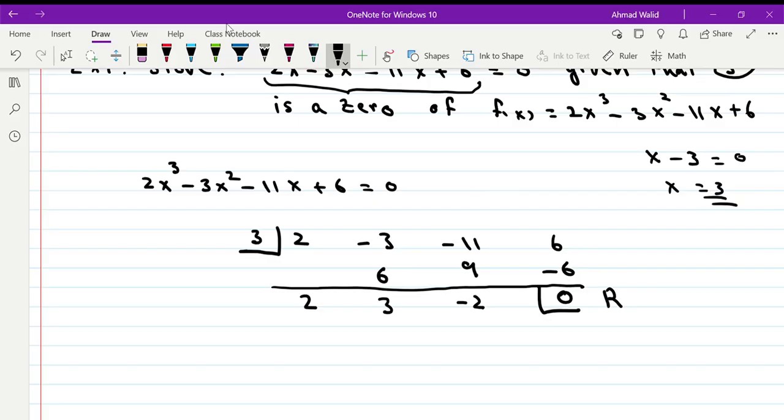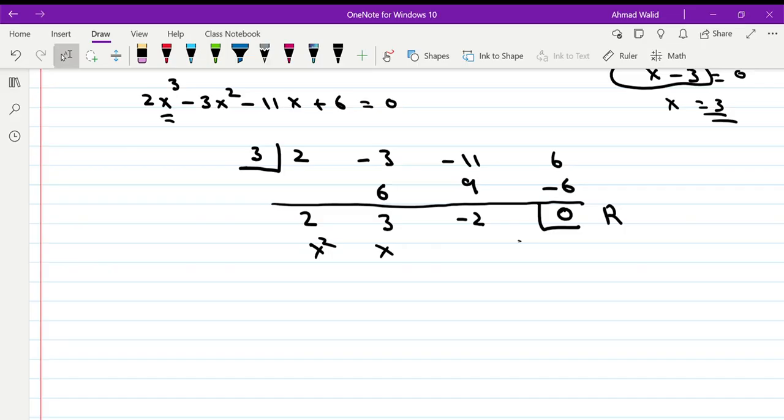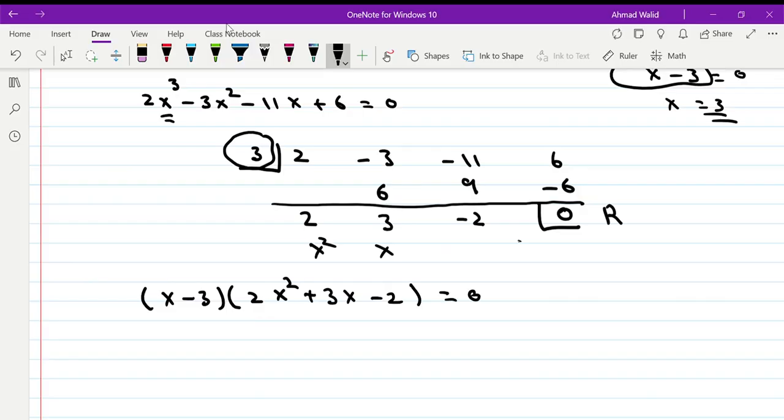If the remainder is 0, then x minus 3 is a factor. What is the rest of this polynomial function? You started with x cubed, so here you have x squared, x and a number. Then you can write the equation like this: x minus 3 times 2x squared plus 3x minus 2 equals 0.